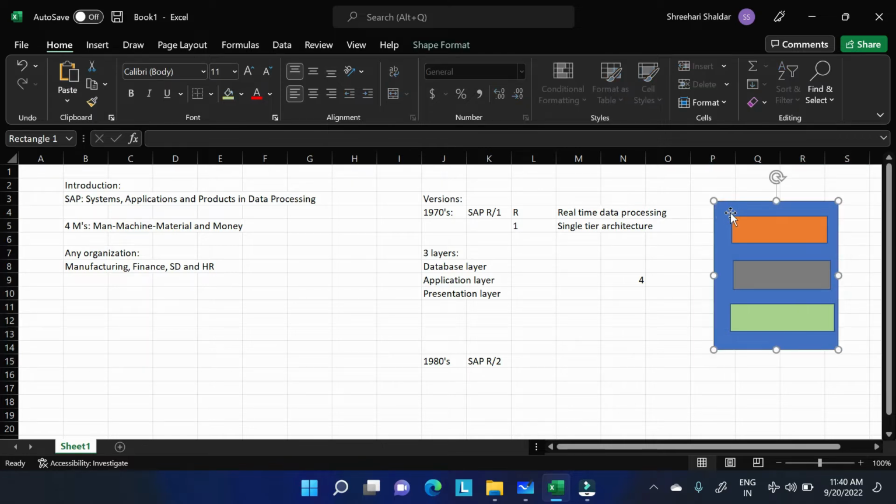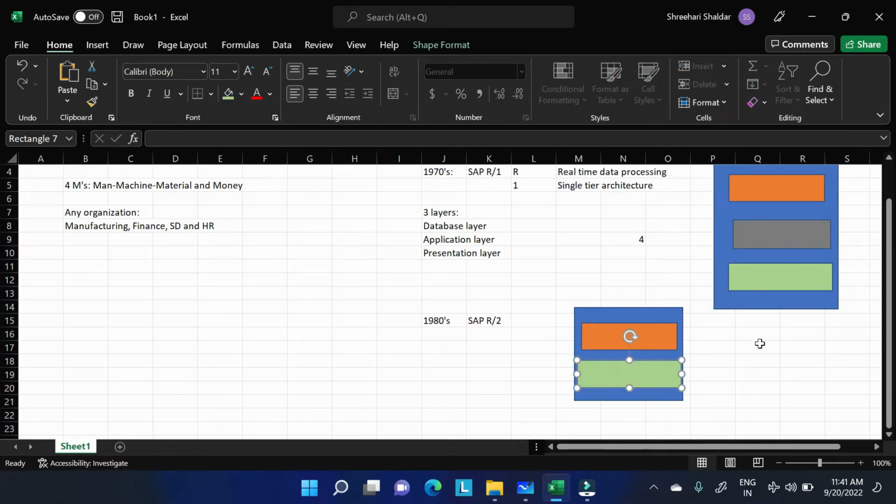In this you have the database layer and the application layer. Apart from that, you can connect a different number of presentation layers. I can consider this as a presentation layer, and you can have n number of presentation layers, something like this.